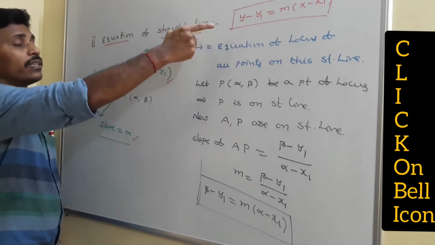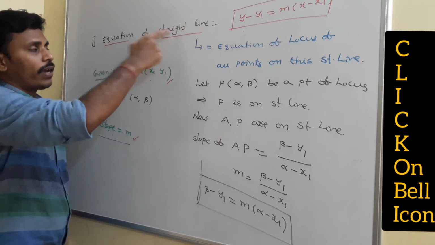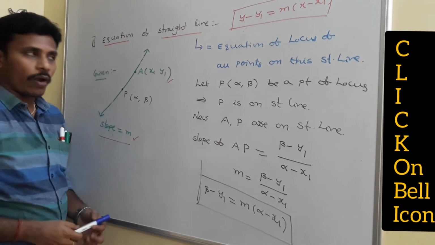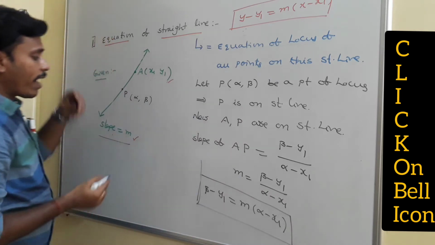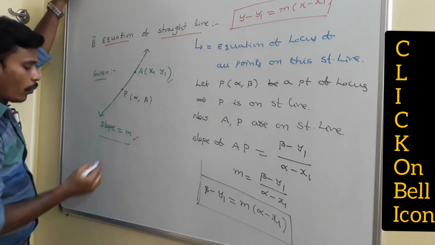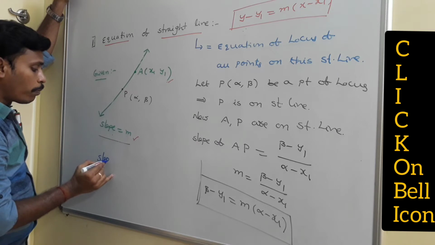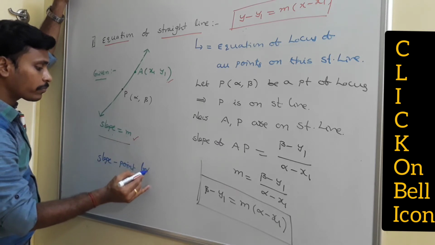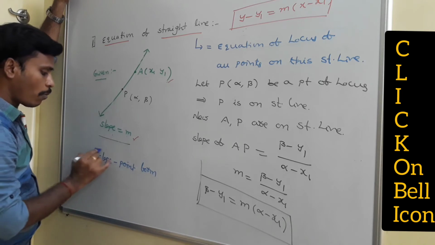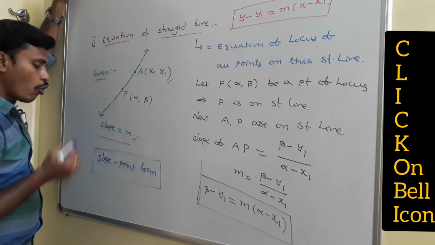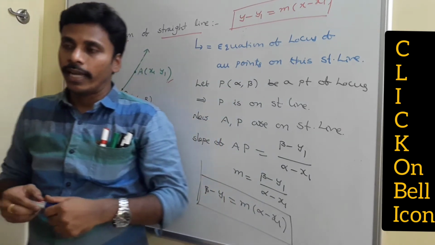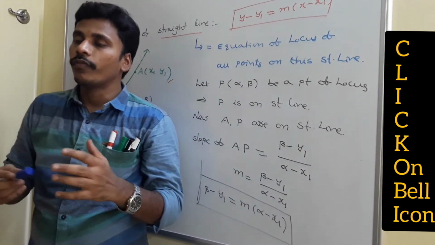So at the end, this is the equation of the straight line for the point x1, y1 and for the slope m. Right? And finally, we call this equation the slope point form of the straight line, because slope and point are given to find the straight line. That's why we call it the slope point form of the straight line.